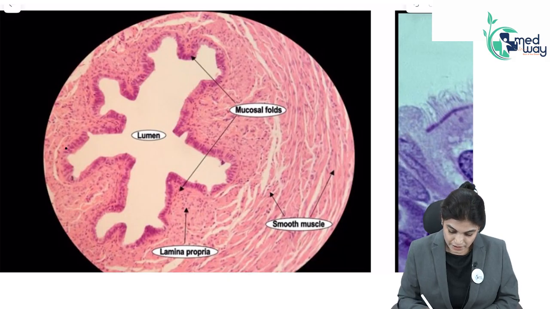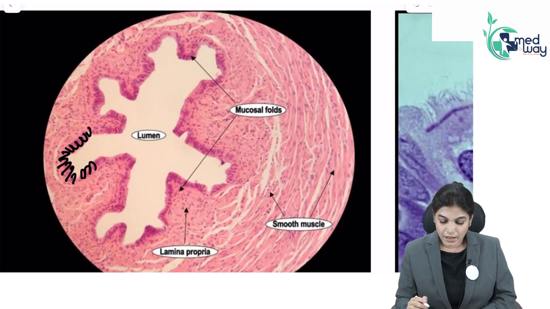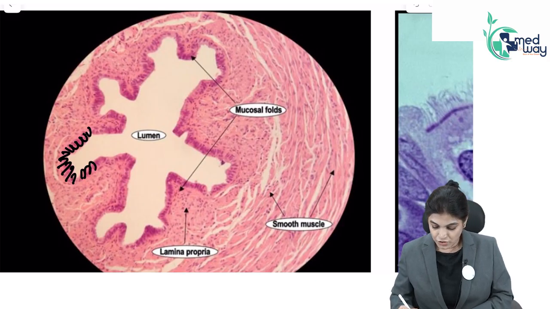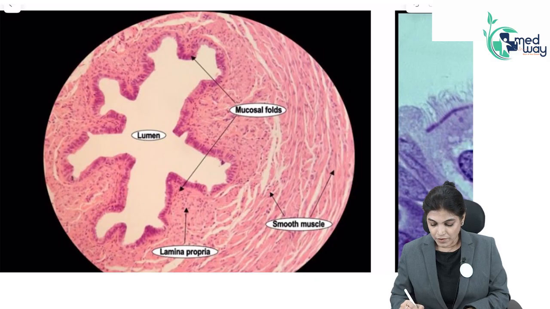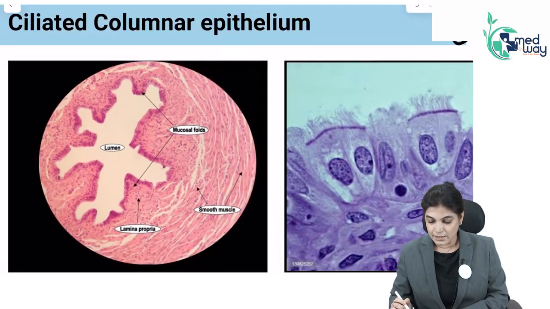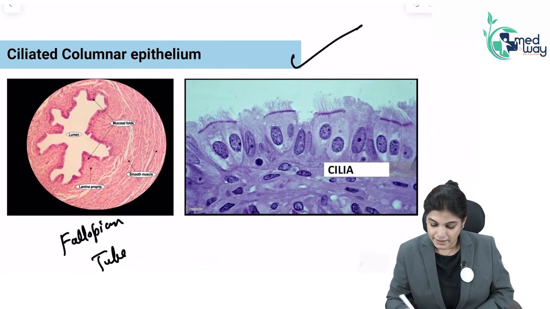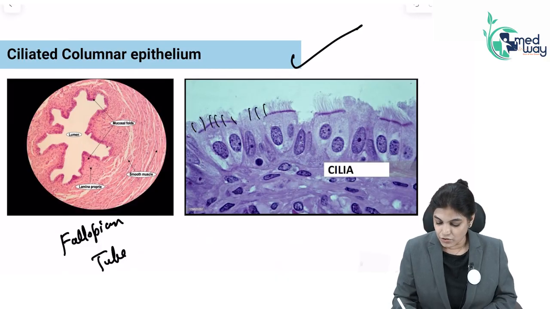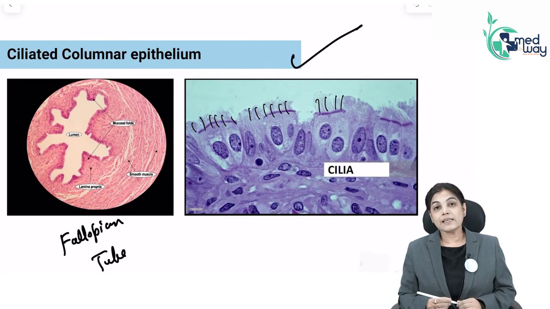You can see columnar epithelium with cilia. Actually, this is the low power view. In high power view, you can clearly see the cilia. This is the ependyma. These are cilia, ciliated columnar epithelium.